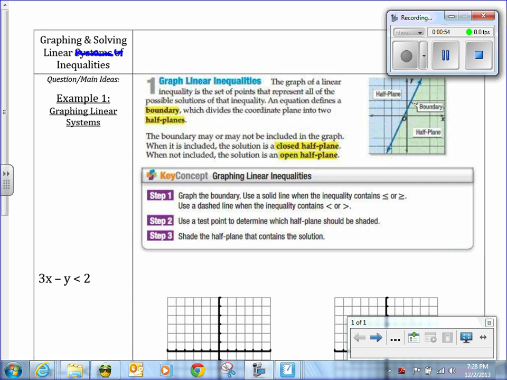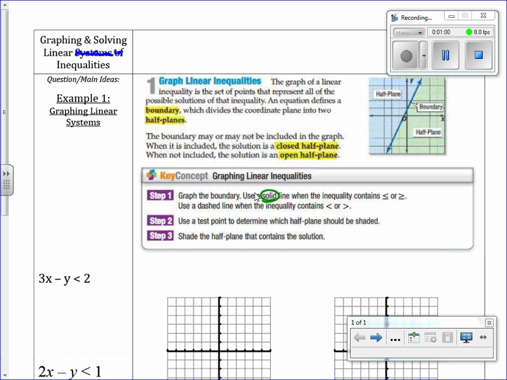And then, depending on our inequality symbol, it'll be a solid line if it has a less than or equal to or greater than or equal to, and then it'll be a dashed line if it has a less than or greater than symbol. So that's one thing that we want to consider when we're graphing this.